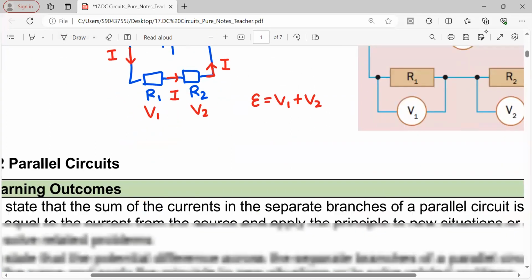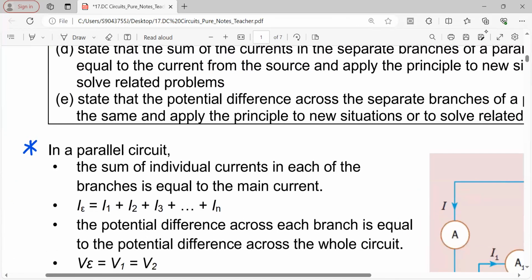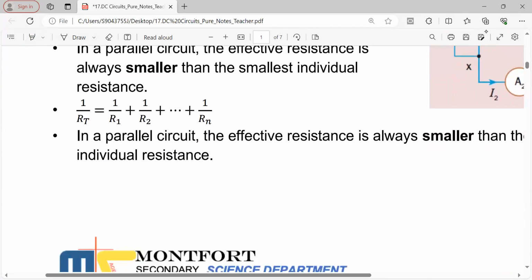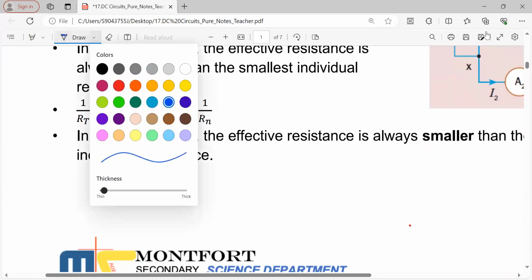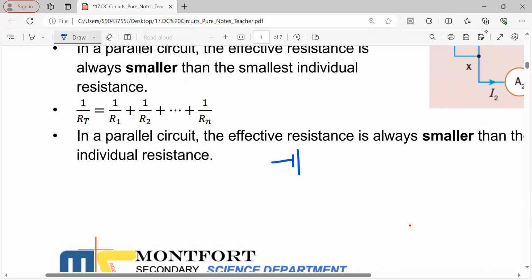Okay, now let's move on to the parallel circuit. So in a parallel circuit, can we draw it? A battery, one component or resistor, and another resistor or component.